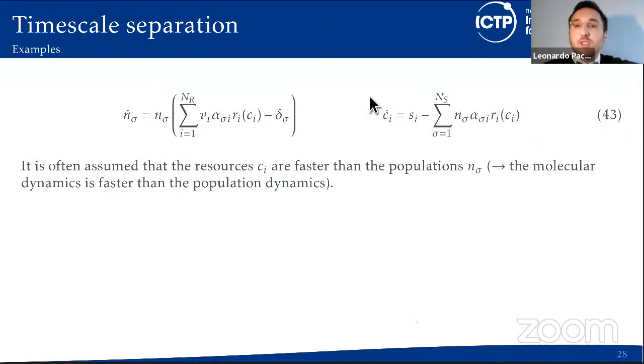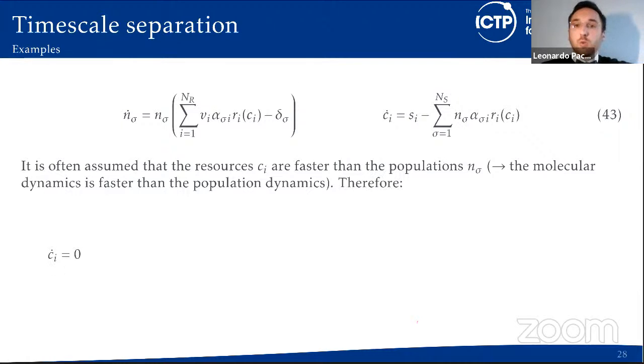Generally this is justified by the fact that, for example, the molecular dynamics that underlies the uptake and the metabolization of resources, which takes place generally in fractions of seconds or a few seconds, is much faster than the time scale over which the species grow, because microbial species take at least several minutes, if not hours or days, to grow. So in this case, we know from experiments, for example, that we can define this as the fast variables of our system and this as the slow variables.